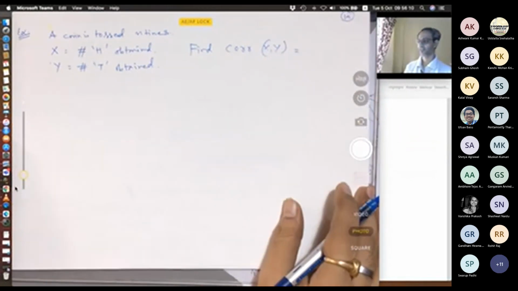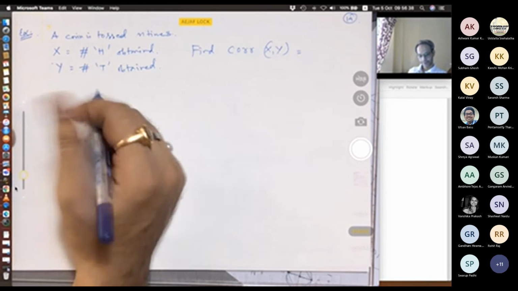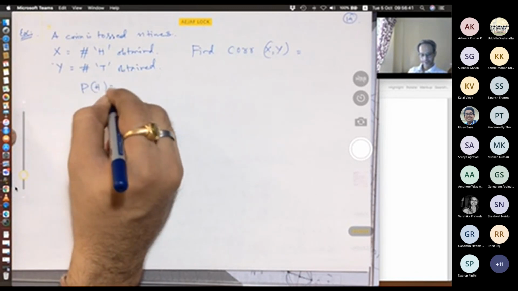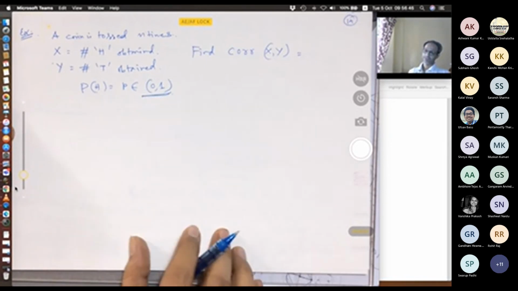That's a very important interview question, a very easy question. You tell me. A coin is tossed n times, X is the number of heads, Y is the number of tails. Nothing is told about a fair coin or an unfair coin. The probability of head is P, where P lies between 0 and 1, open interval. That much is needed, nothing more is told.